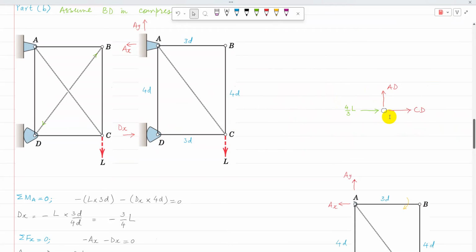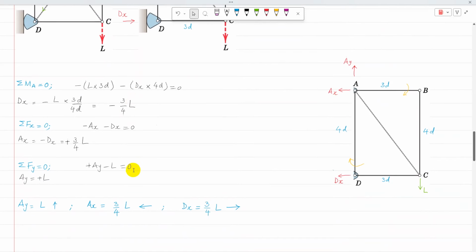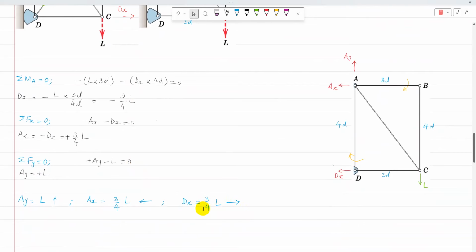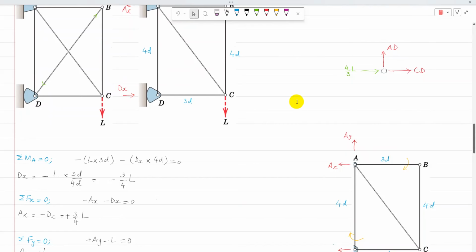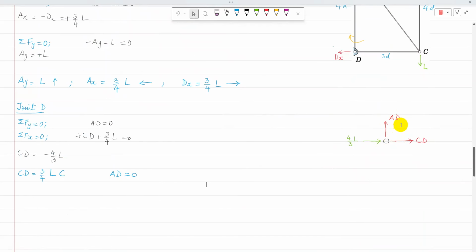So joint D is isolated, and that's a free body diagram of the joint D. So AD and CD are assumed in tension, whereas DX is acting towards the right, which is 3 over 4L. So at joint D, applying sigma Fy equal to 0, there is only one force in the vertical direction, so AD is equal to 0.